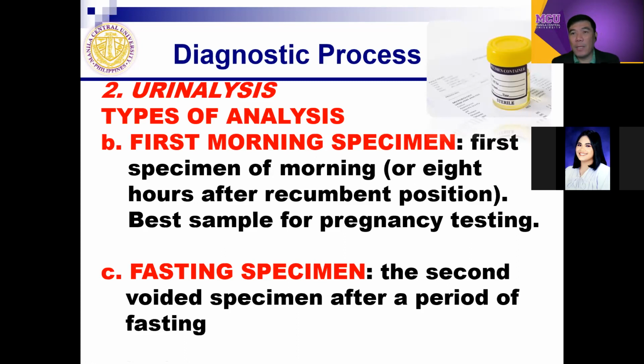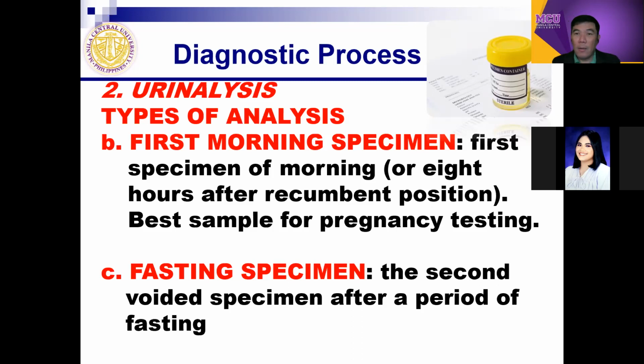Next, the fasting specimen. These are analyses when the patient was instructed to fast, and usually after the patient was subject to fasting and passes urine, the second voided specimen after the period of fasting will be the one collected.